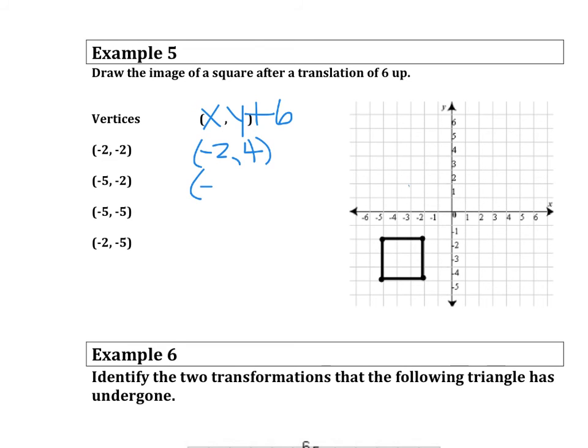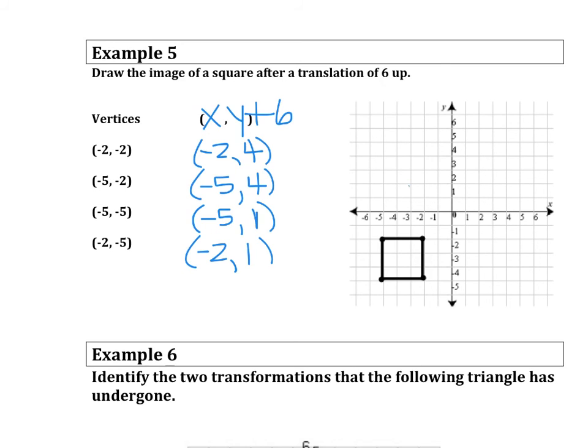My second point, the -5 stays the same, and -2 adding 6 to it would be 4. And then I have (-5, -5). Remember, the x-coordinate does not change, but we're moving it 6 up. -5 up 6 would be 1. And then -2, -5, -2 stays the same, and then it'd be 1 again.